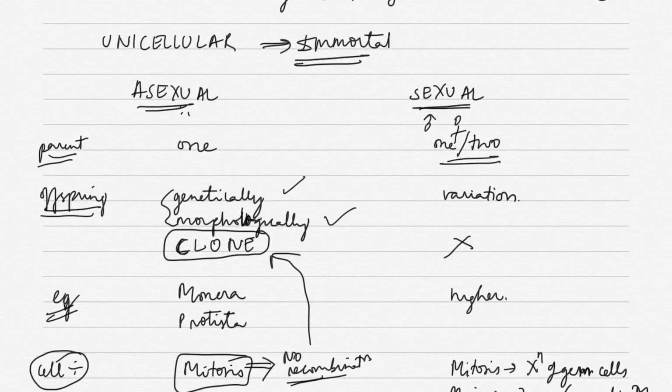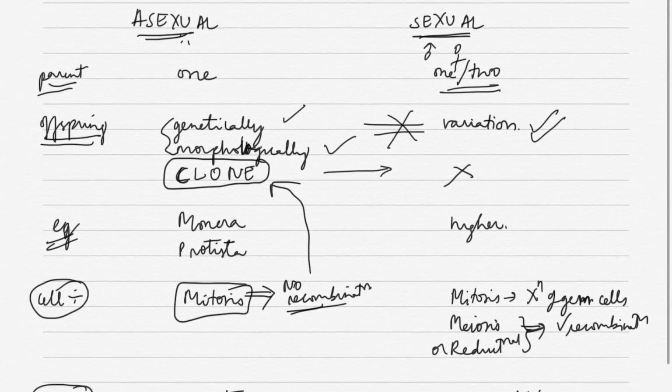So in asexual reproduction, there is only one parent who is capable of reproducing, and offsprings in asexual reproduction is called as clone, and the term refers to genetically and morphologically similar individuals, but that cannot be happening here because there is no similarity, there is just variation seen, and so clone cannot be applied to the offsprings produced by sexual reproduction.